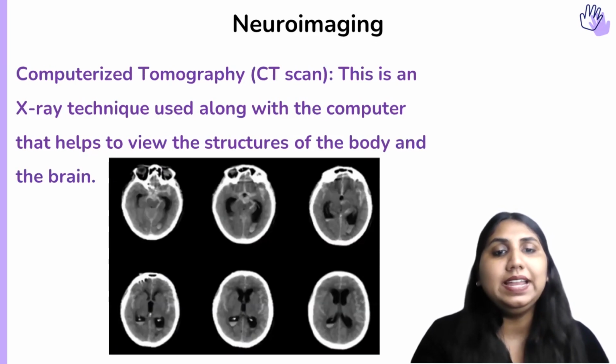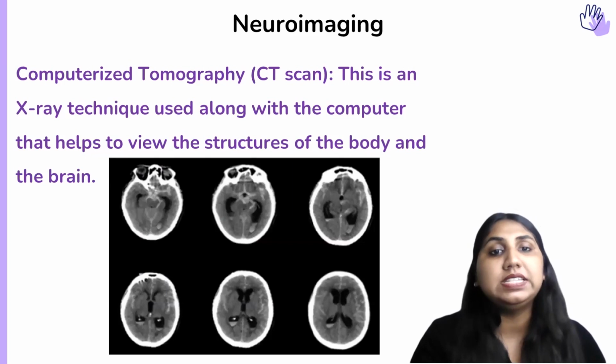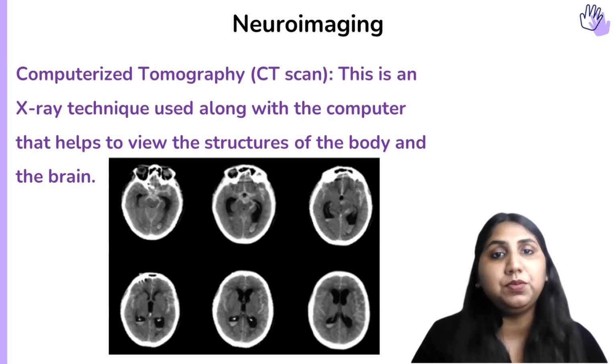Moving ahead, next we have the CT scan. A CT scan is a step ahead of X-ray, and this is, I would say, one of the expensive techniques as well. A CT scan is an advanced X-ray technique which is used along with a computer and helps us create structures of the body and the brain. This is a huge cylindrical ring.